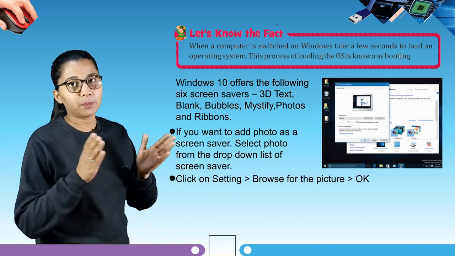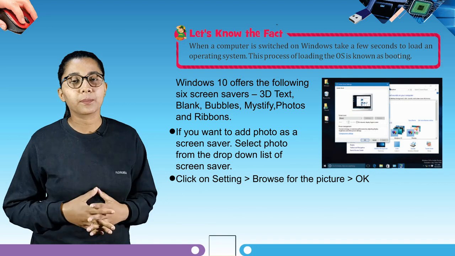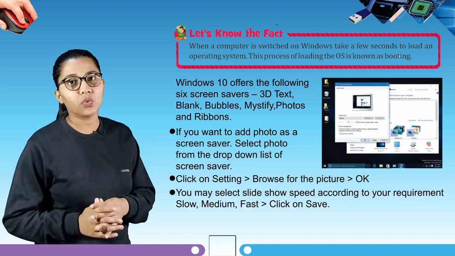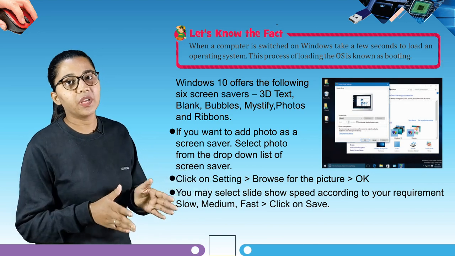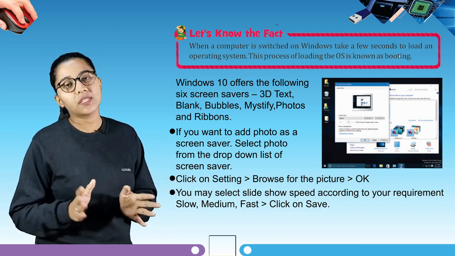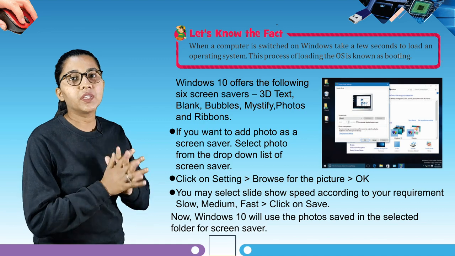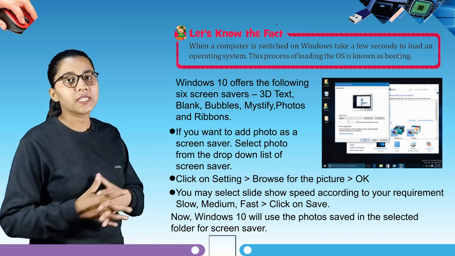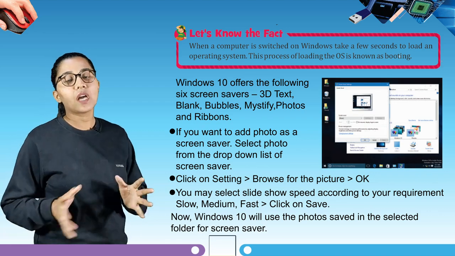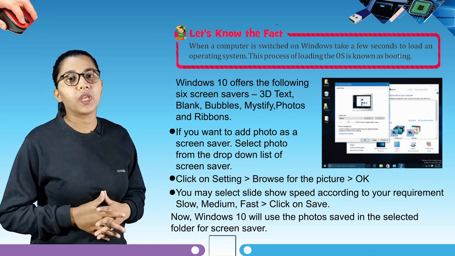Now browse for the pictures, then OK. You may select slideshow speed according to your requirement: slow, medium, fast. Click on Save. Now Windows 10 will use the photos saved in the selected folder for the screensaver. So this is how you change your screensaver.